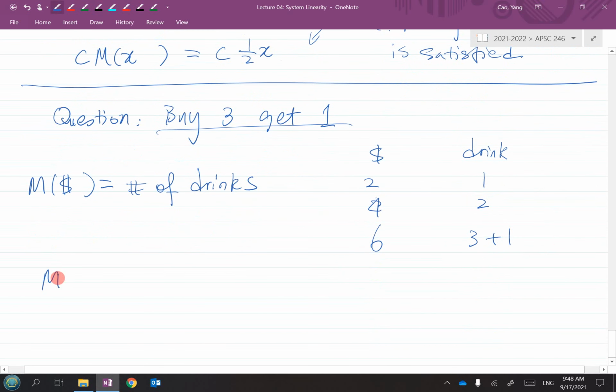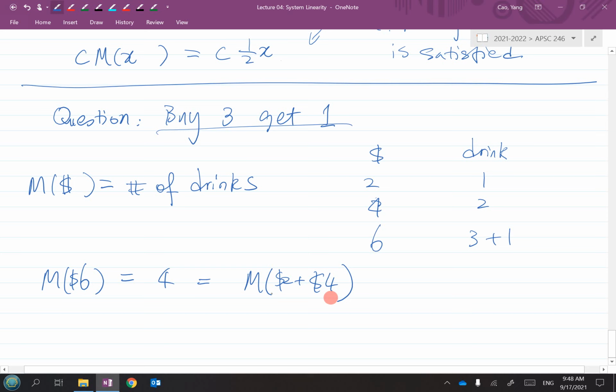So I'm going to use this to demonstrate. If I put $6 into the system, how many drinks should I get? I get 4 drinks in this case. But what is $6? $6 is basically the $2 plus the $4, right? Okay. So I'm not changing anything. That's based on the system.